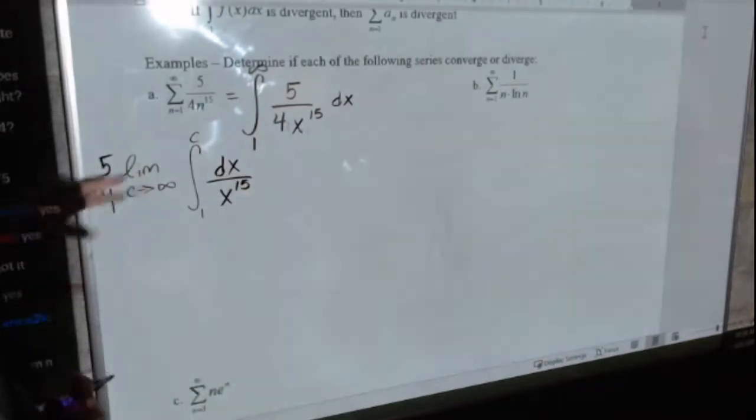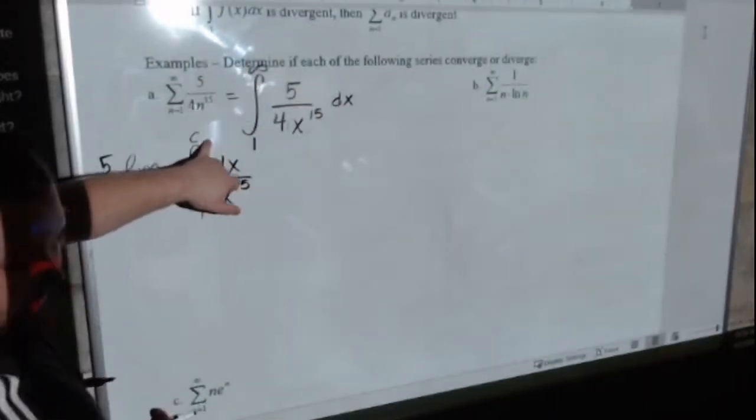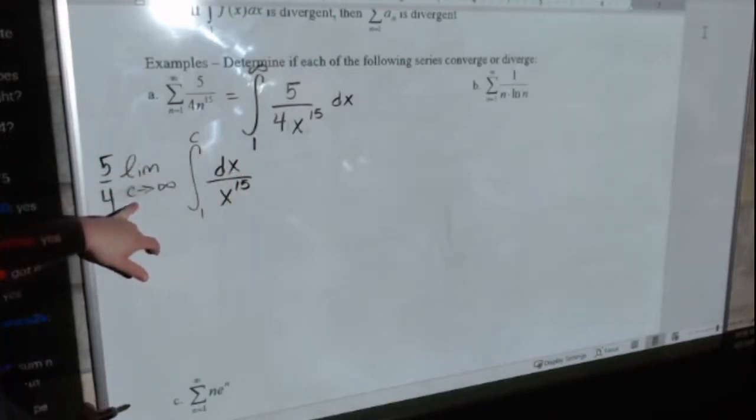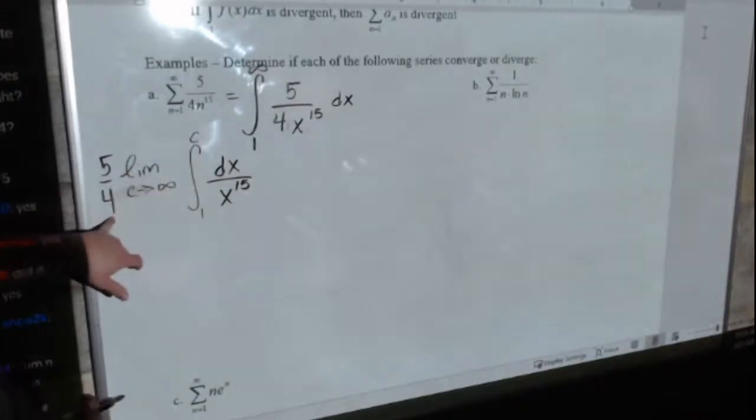So I have to change from infinity to some c. I have to introduce a limit as c approaches infinity. I pulled the 5/4 all the way out in front. And now I want to go ahead and integrate this normally.